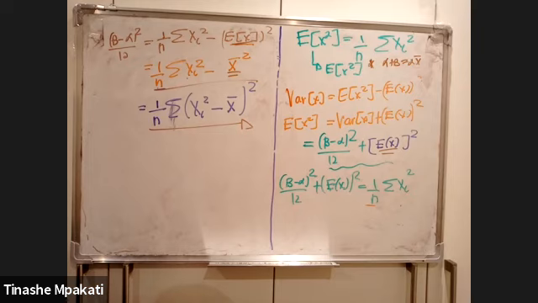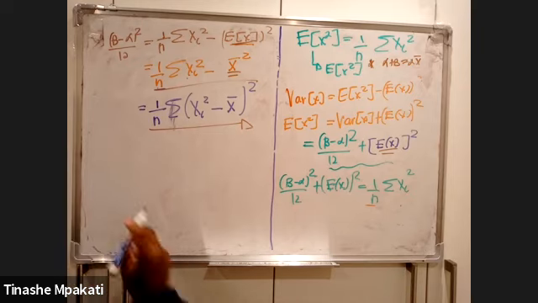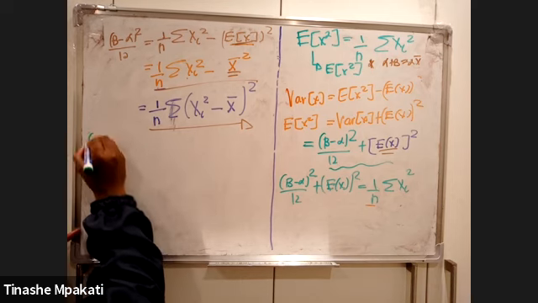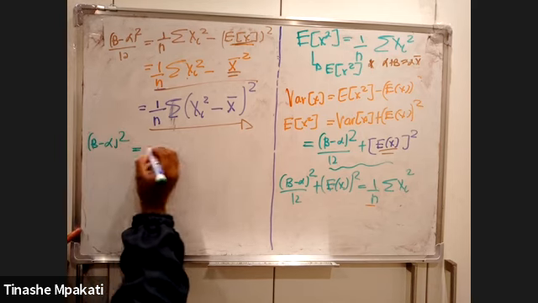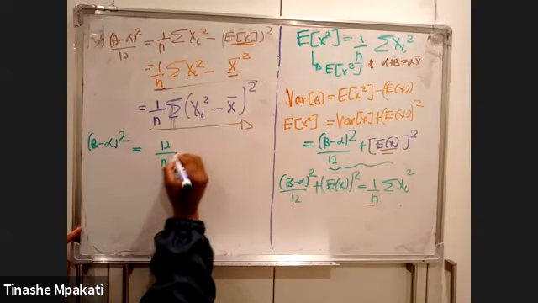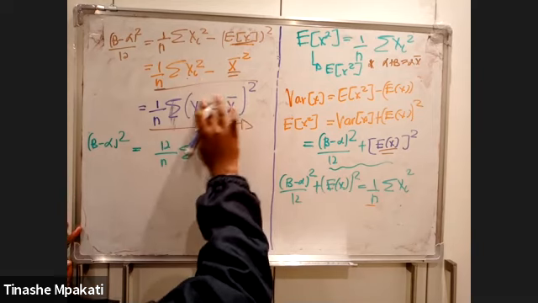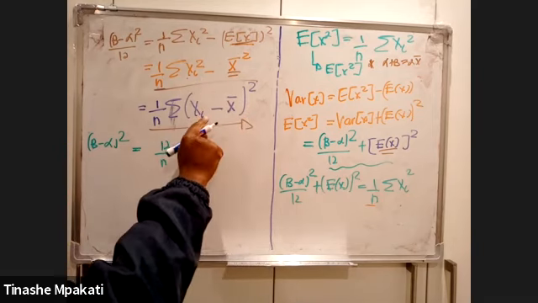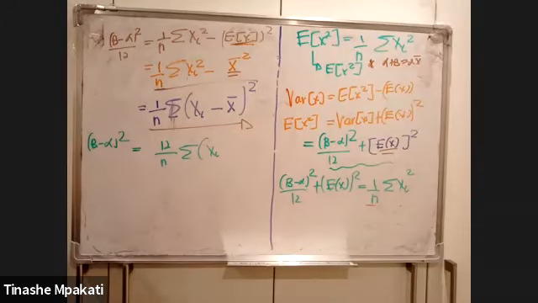And after that point, there will no longer be any funny tricks that we'll be doing. What we'll have is just that this beta minus alpha squared is actually just equal to 12 divided by n, the summation of xi minus x bar all squared. I was supposed to remove that xi there.